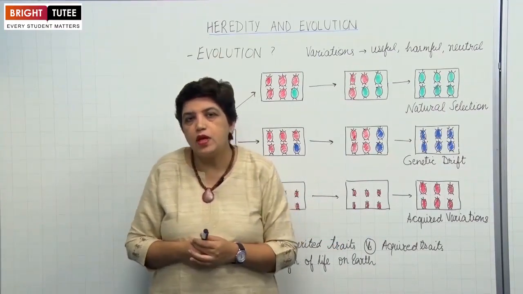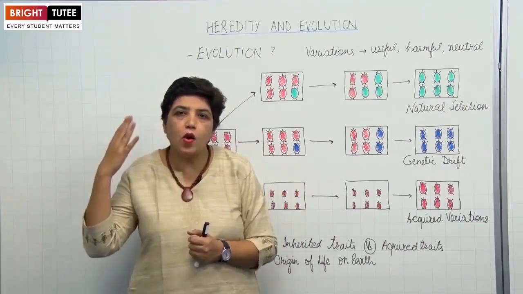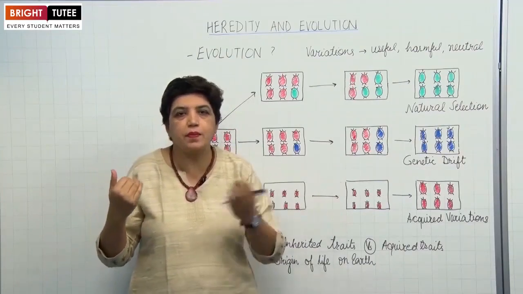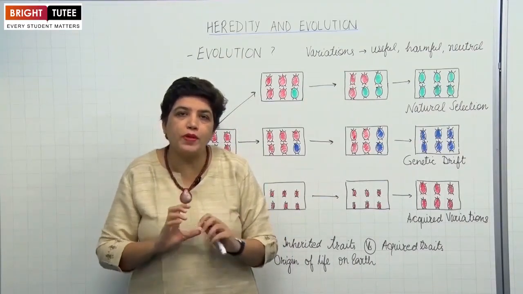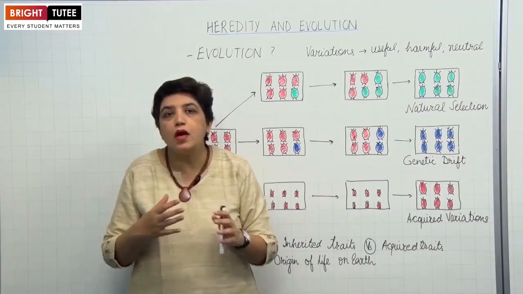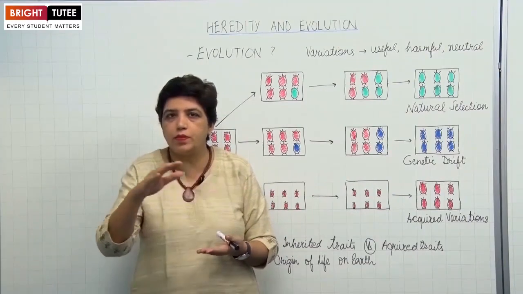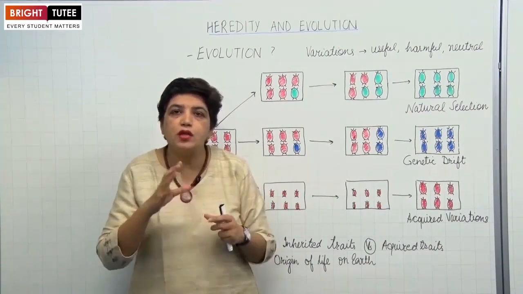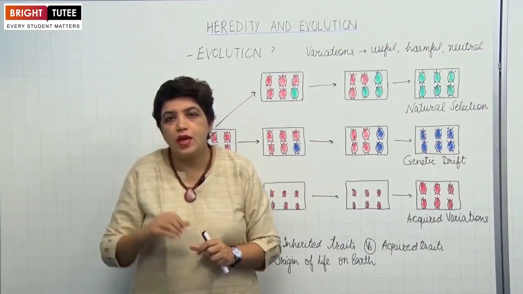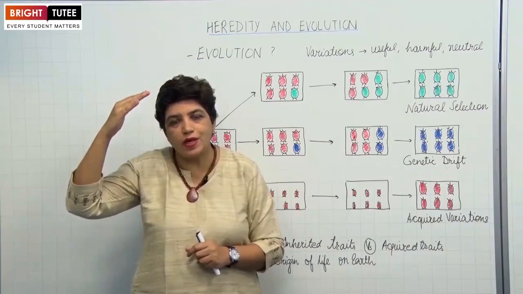Another example: some of the giraffes had a longer neck as compared to the parents. At that time, there was a lot of competition for food among herbivorous animals. They were all feeding on the grass and the leaves on the lower branches. Due to this competition, there was scarcity of food. Those giraffes which had longer necks could reach the higher branches.